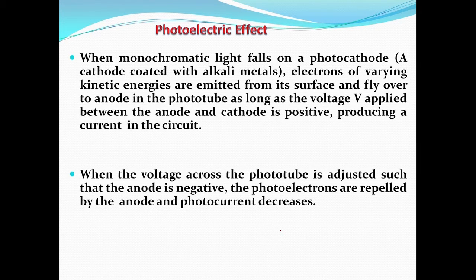So, electrons of varying kinetic energies are emitted from its surface and fly over to the anode, because electrons are attracted to the anode. So, as long as the voltage V supplied between the anode and cathode is positive, it produces a current.